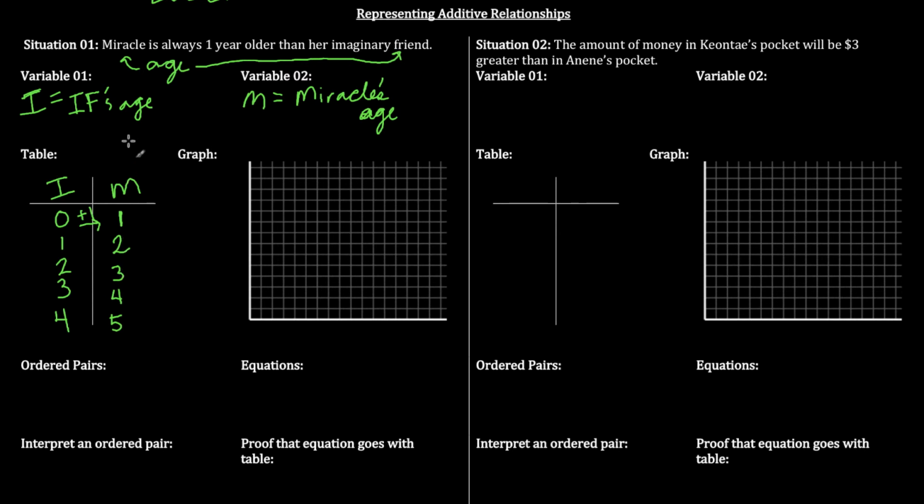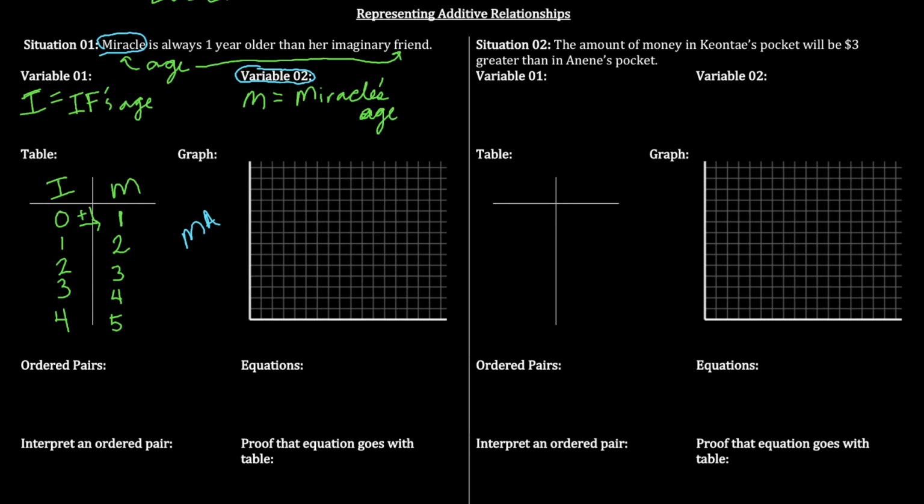So remember, Miracle is the subject. Miracle's the subject, so we care about Miracle's age, variable 2. And then we will put that right here, Miracle's age. I'll just put MA.